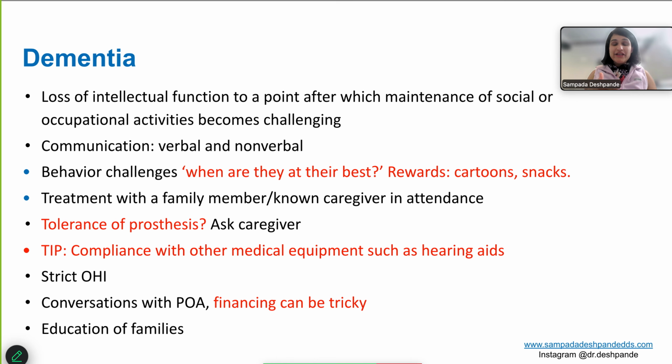Because like many of you, I am also very soft spoken, and sometimes patients have no idea what I'm saying. Financing can be tricky. Most patients with dementia or Alzheimer's are being financially supported by family members, and so getting that kind of squared away before is important.